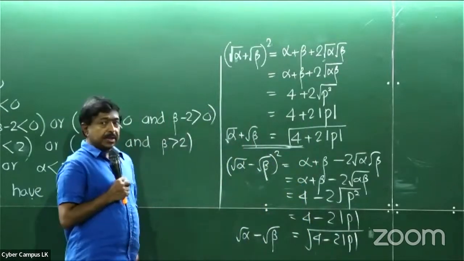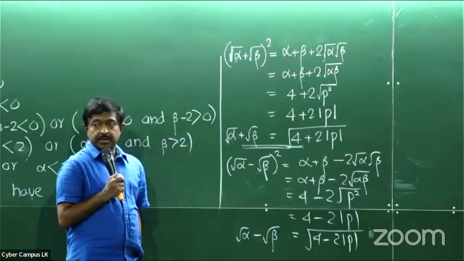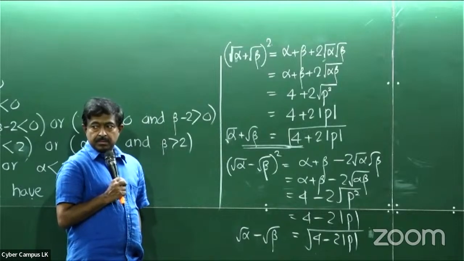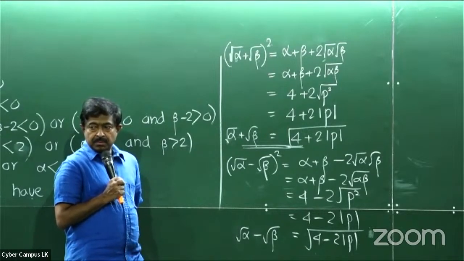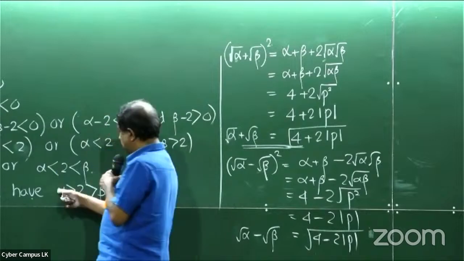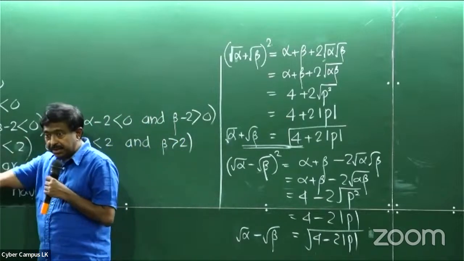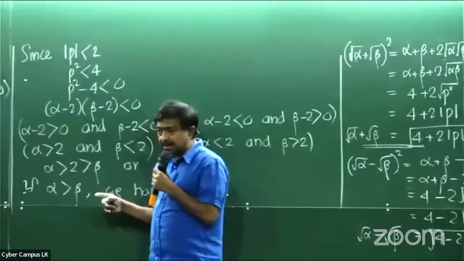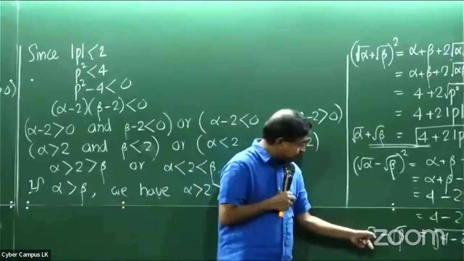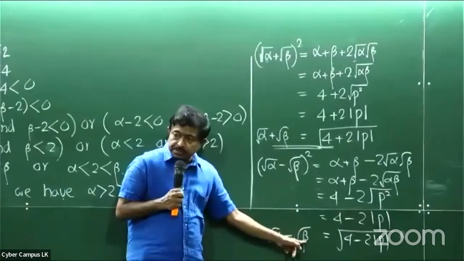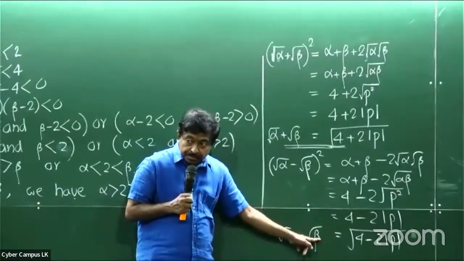Here, again, I didn't write plus or minus. Why? Because we know that alpha is greater than beta. It's given in the hypothesis. Therefore, square root alpha is greater than the square root of beta, since both are positive.